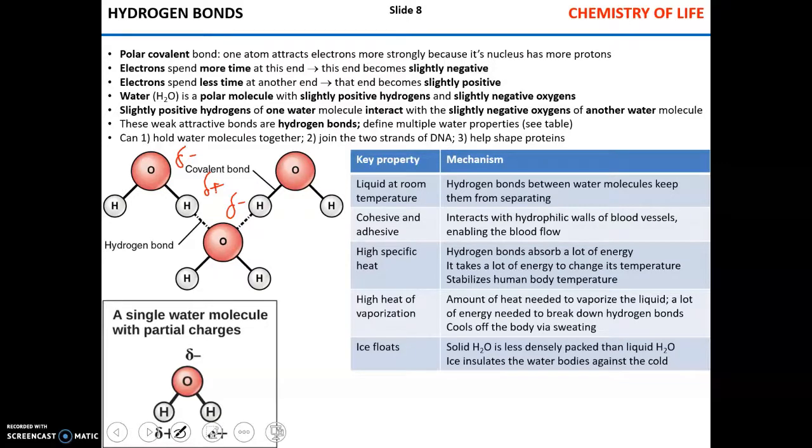That means that this hydrogen and this oxygen can form electromagnetic bond, which is called a hydrogen bond. So as we mentioned, since electrons orbit oxygen more than they orbit hydrogen, there's a polarity in the molecule. Molecule is polar, you see? Molecule is polar. Okay.